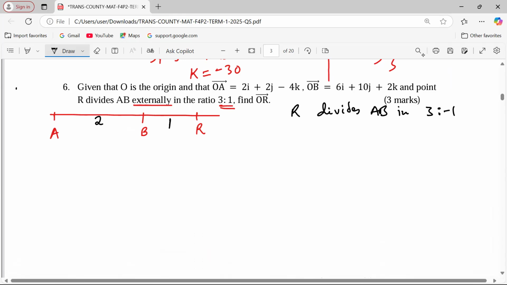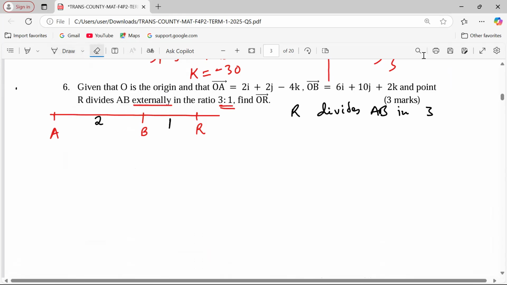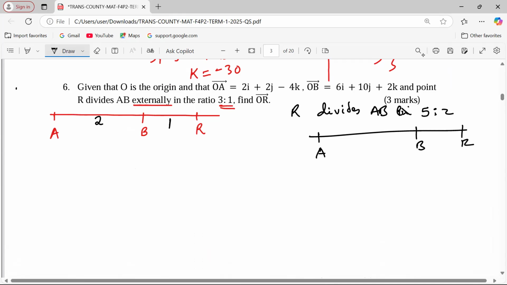And what does it mean? Assume, for you to understand better, let me give a different value. Assume we are told that R divides AB in the ratio 5:2. It means from point A, there is a B here, then R, which is dividing externally. Let's interpret a second ratio for you to know how I have interpreted the first one.